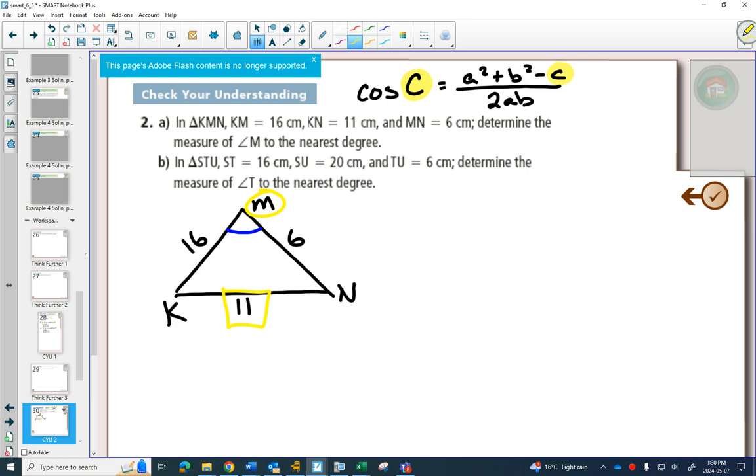So as far as setting up your formula, I want to find m. I know that over here is where that 11 is going to go, because the c goes with the c, so m will go with its opposite side, m. Where do I use the 6 and the 16? It doesn't matter, because you're adding them.